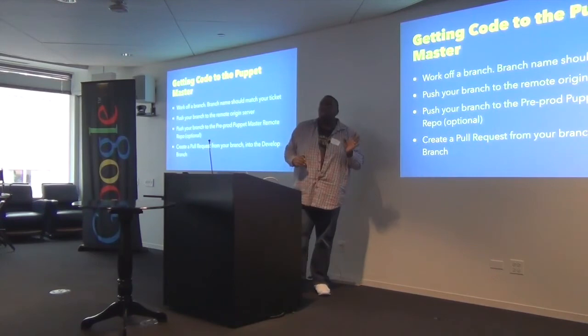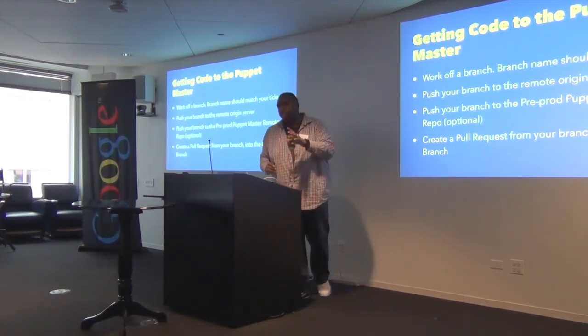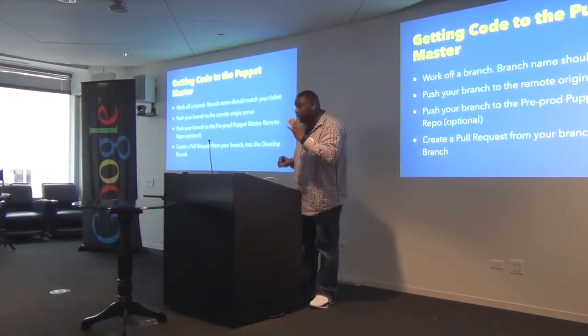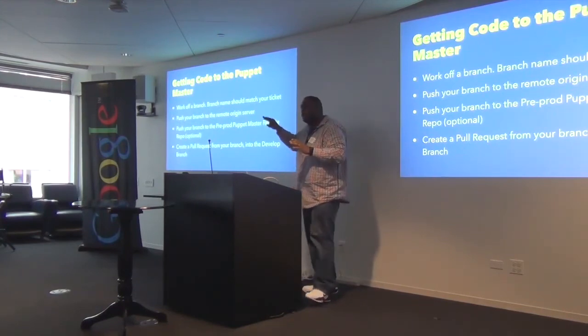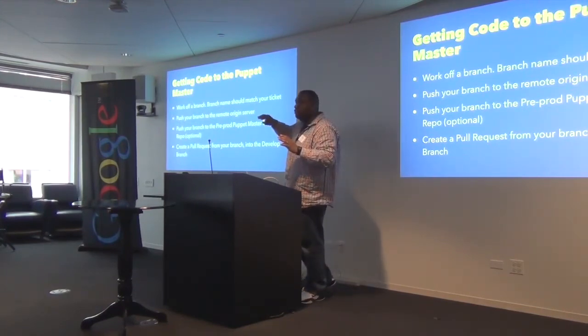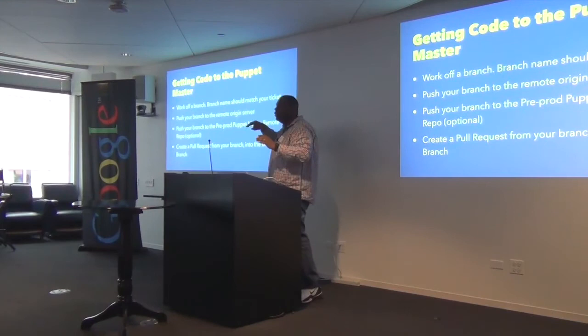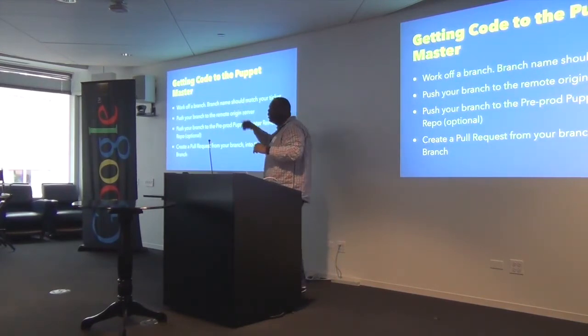Once you're done doing that, you push your branch to the remote origin server. So that's basically you have your branch in the master repo off of that. So it'll be go whatever your ticket number is. But then optionally, you can push your branch to the pre-prod Puppet master.